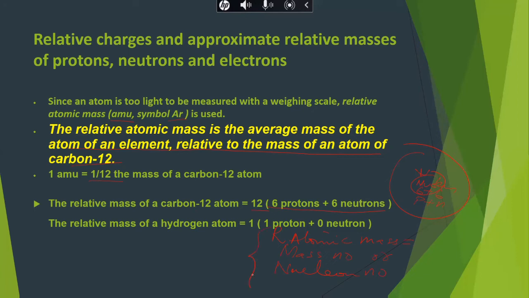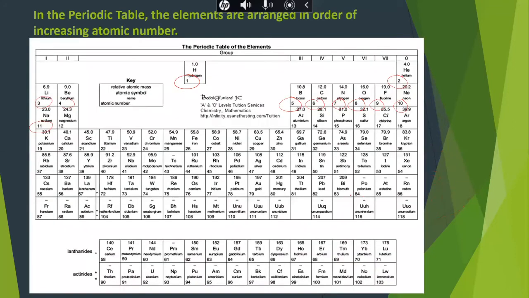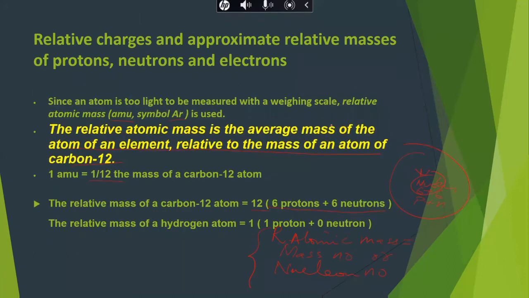So the relative mass number of carbon-12 is 12. You can see here, this is carbon. This is the mass of carbon-12 and this is proton number 6. Mass number 12 means it has 6 protons and 6 neutrons.